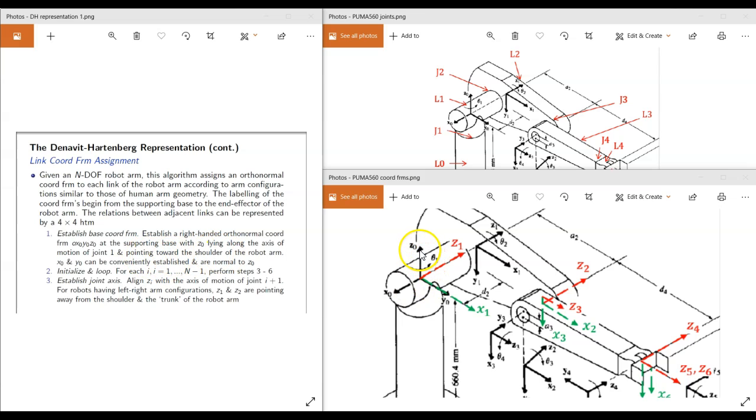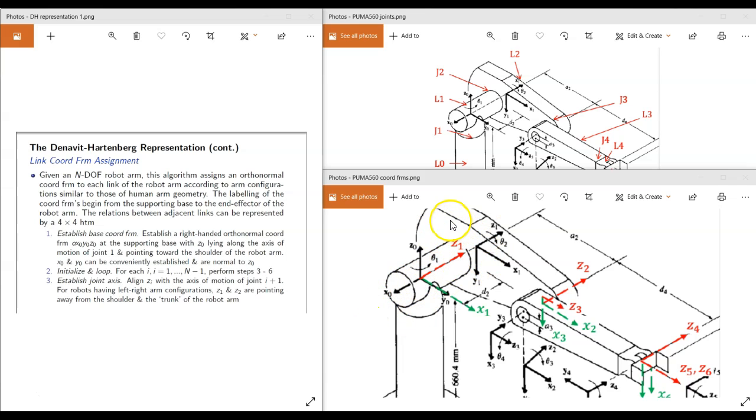Preferably we don't want Z0 pointing downwards, because then it would be pointing away from the shoulder. If you look at the PUMA 560, it has a left arm and right arm configuration. In the simulation earlier, if I'm not mistaken, that was the right arm configuration, and this is the left arm configuration. You can imagine this to be your body or torso.